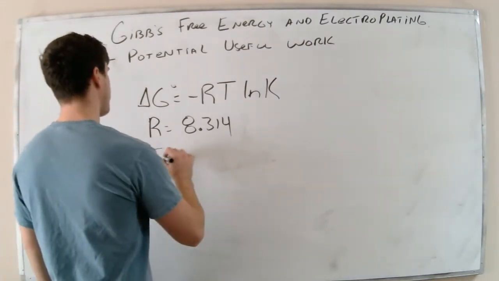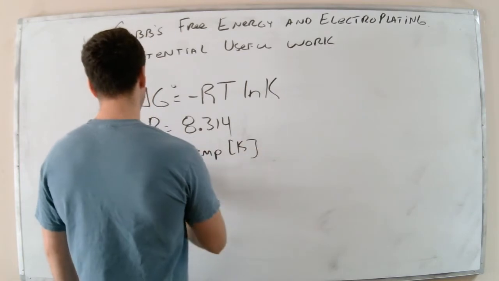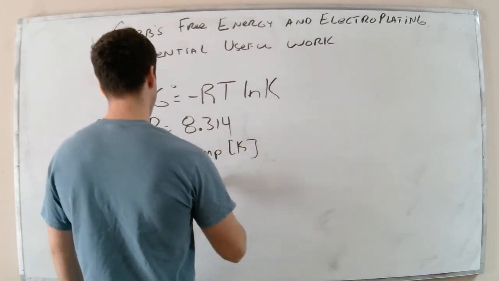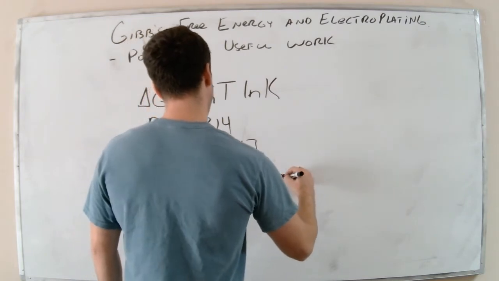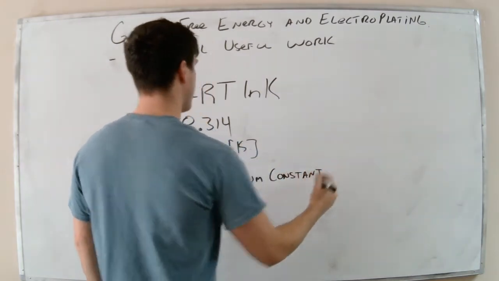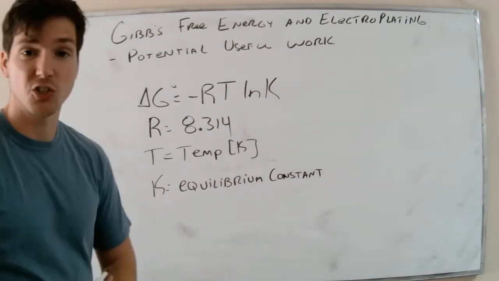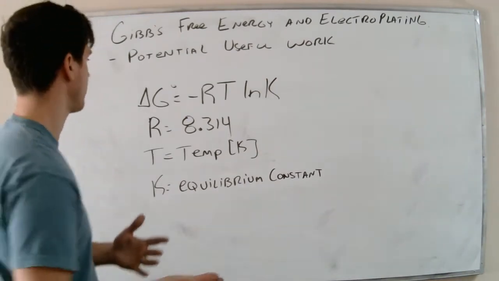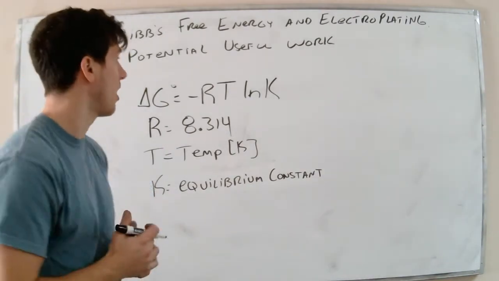T is just the temperature in Kelvin, and then K, since it's uppercase K, is the equilibrium constant. We'll be doing that a little bit today as well. We'll be solving delta G, and then we can also figure out our equilibrium constant from that, or how much of a product we're going to produce.